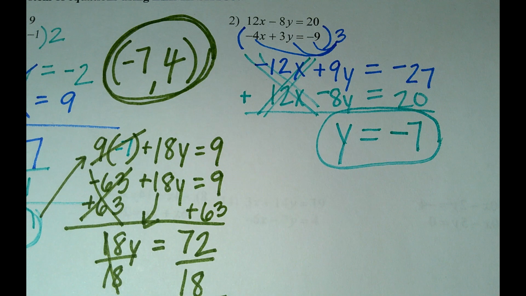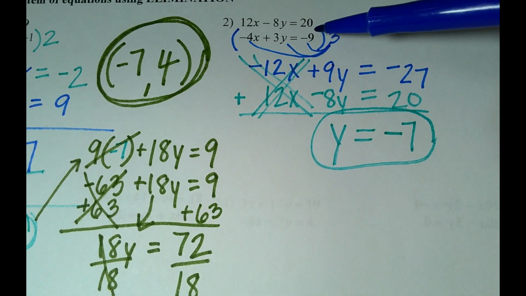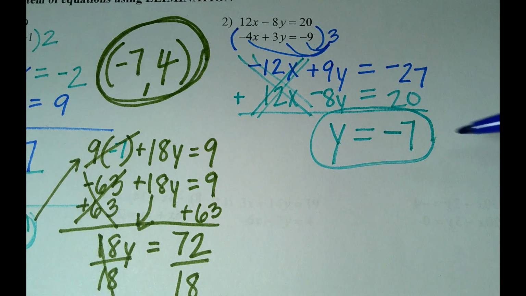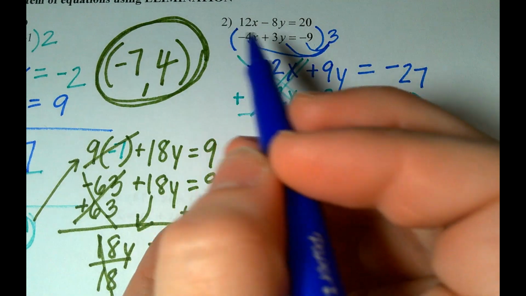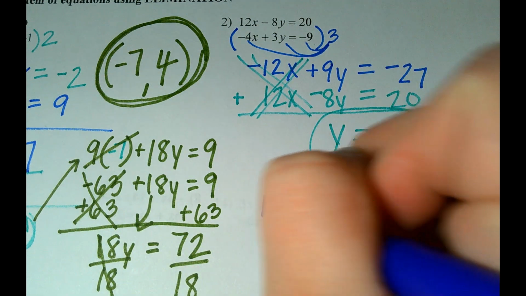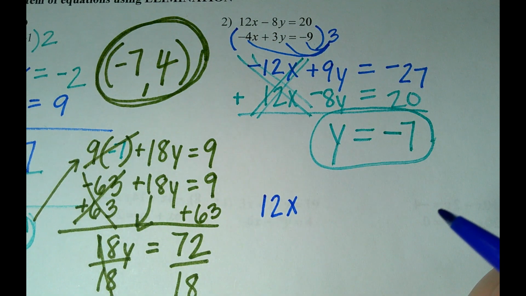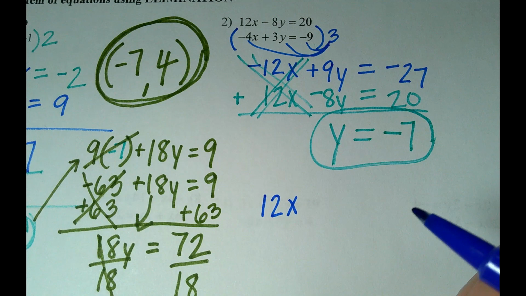Okay. So let's look at which equation do we want to plug this back into? Top one? Let's do the top one. So I have 12x. Does it matter which one you plug it into? Yes, it does.